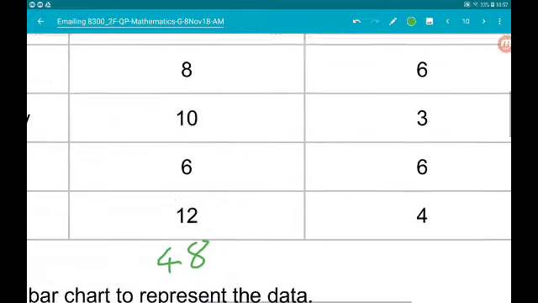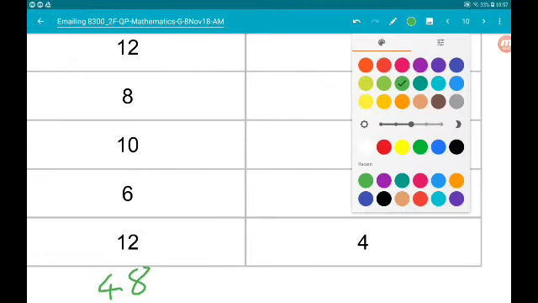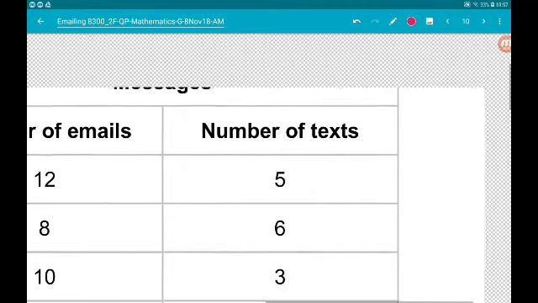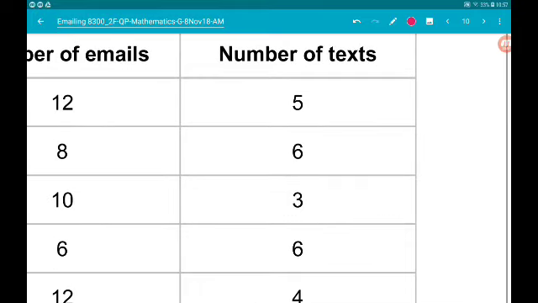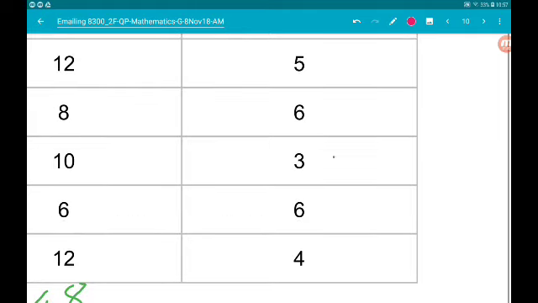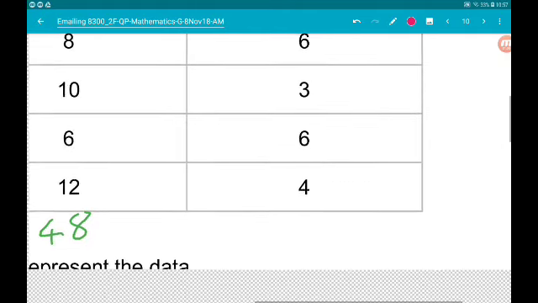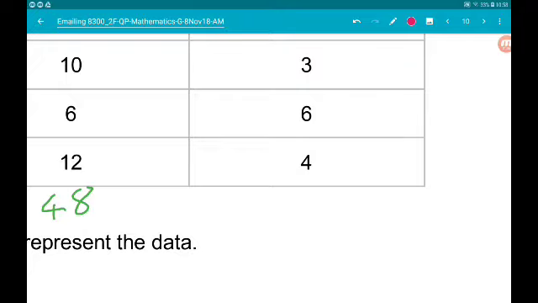While we're here, let's do the texts too. So his texts were 5 add 6 is 11, add 3 is 14, add 6 is 20, add 4 is 24.